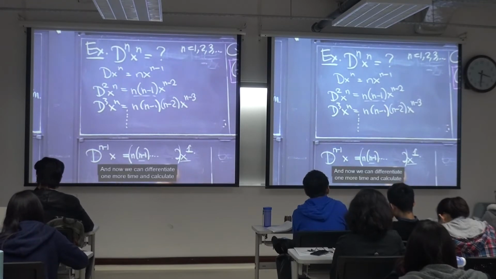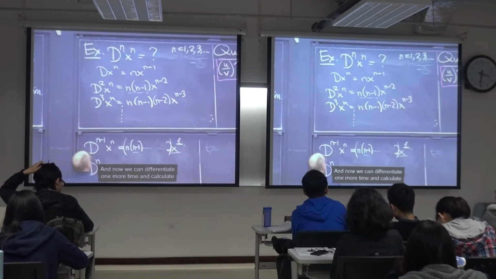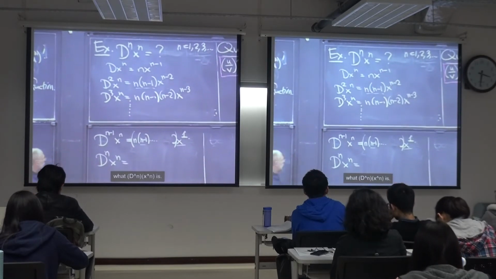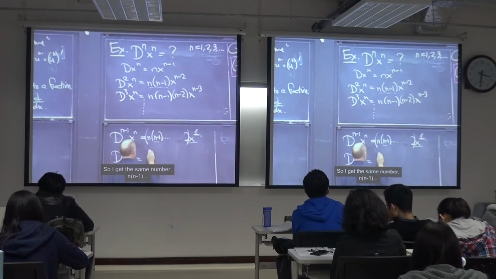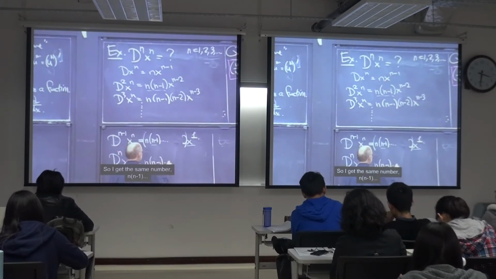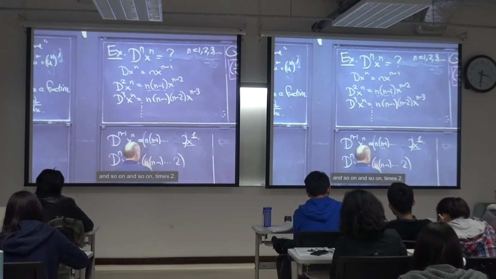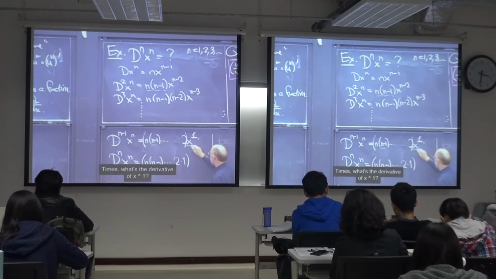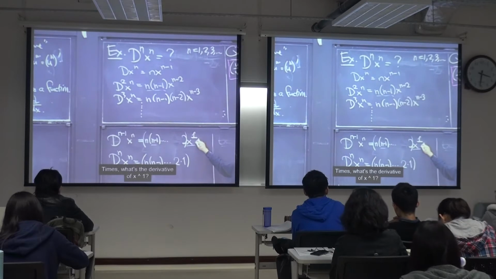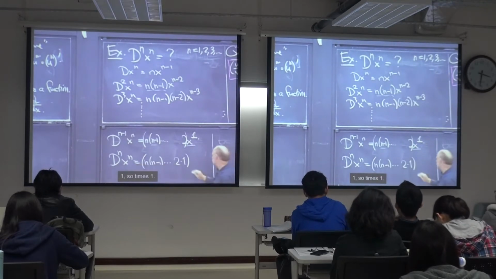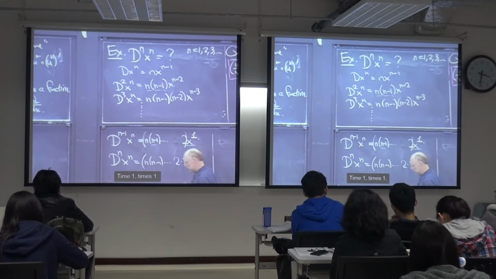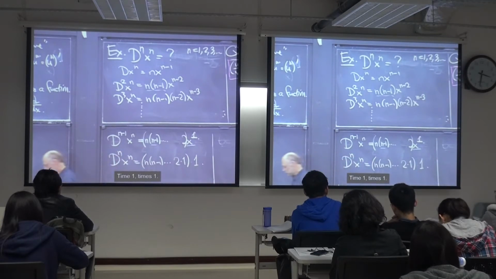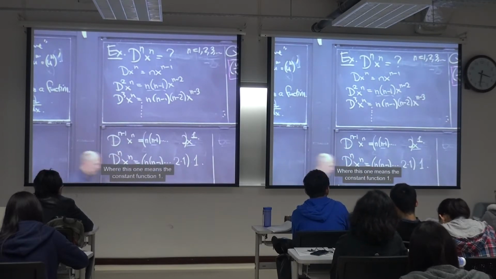And now we can differentiate one more time and calculate what d^n x^n is. So I get the same number, n times n minus 1, and so on, times 2. And then I guess I'll say times 1, times what's the derivative of x to the 1? 1. So times 1, if you like, times 1, where this one means the constant function 1.